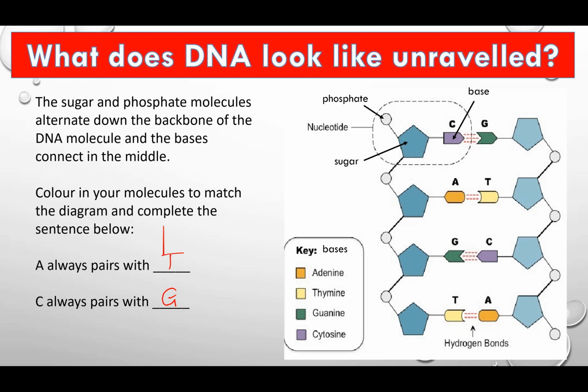So you can see the DNA unravelled, because I did say earlier this does unwind when it's making a copy of itself. You can see the nucleotide first of all here with our phosphate, our pentose sugar, our 5-carbon sugar, and our base.